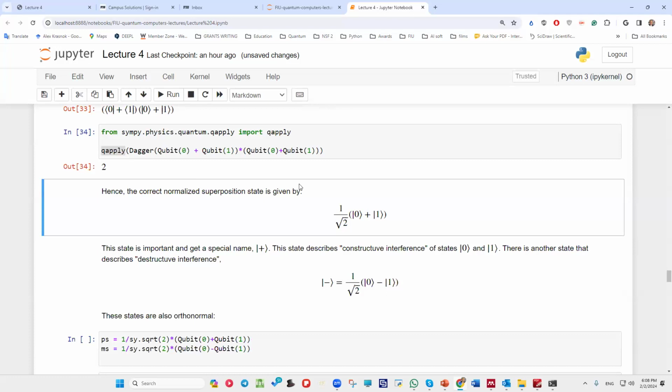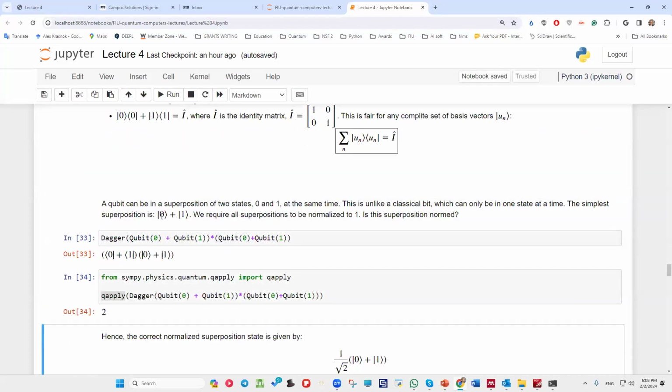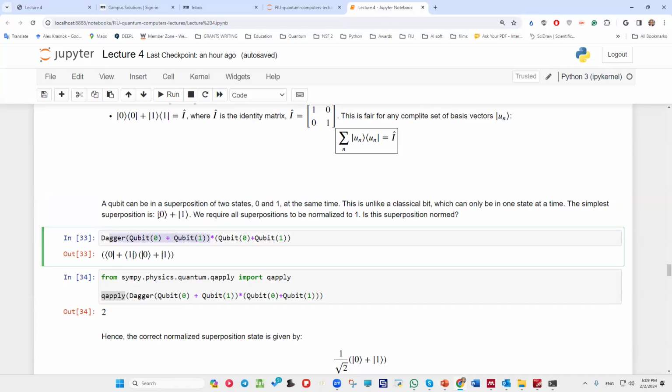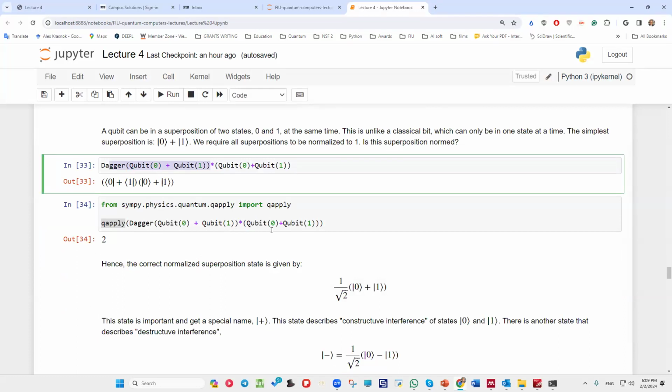So in order to normalize this superposition state of 0 and 1, I need to divide this state by square root of 2, right? Why? Because if I again multiply the state by the same state, it will return me 1.